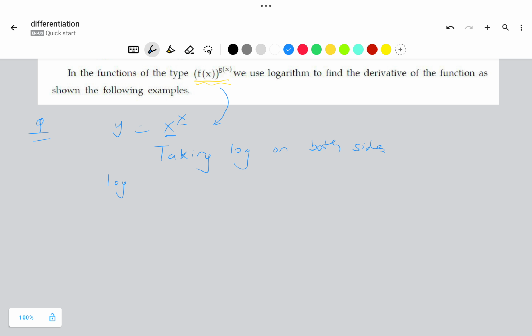So this would be log y, and this power will come down as the coefficient, x log x. Now we will apply differentiation.